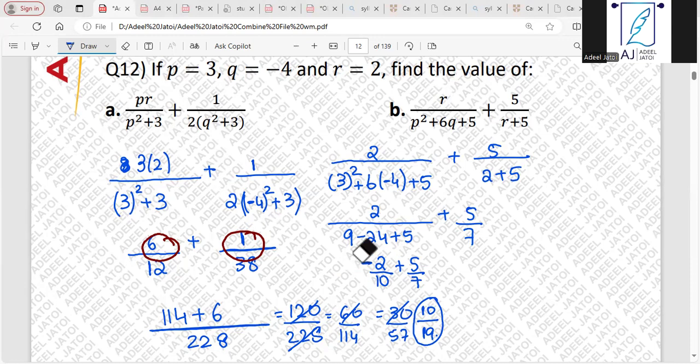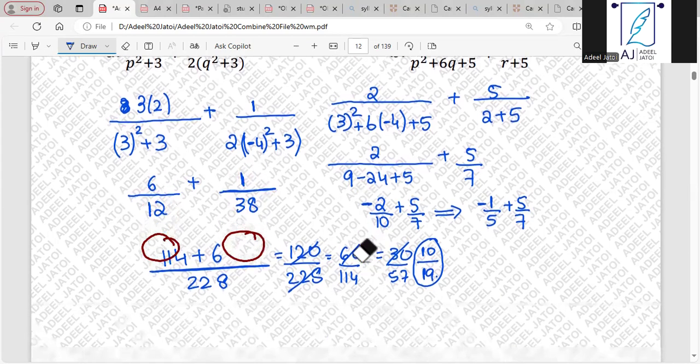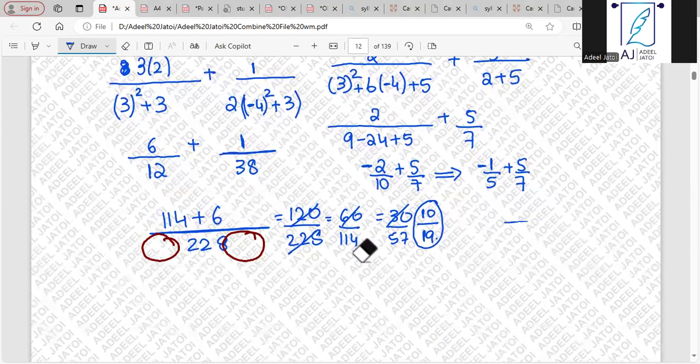So let's simplify this. This will be minus 1 upon 5 plus 5 upon 7. Minus 1 upon 5, what we did was, we cancelled it out. So 2 ones and 2 fives. So for 7 and 5, the LCM will become 35.